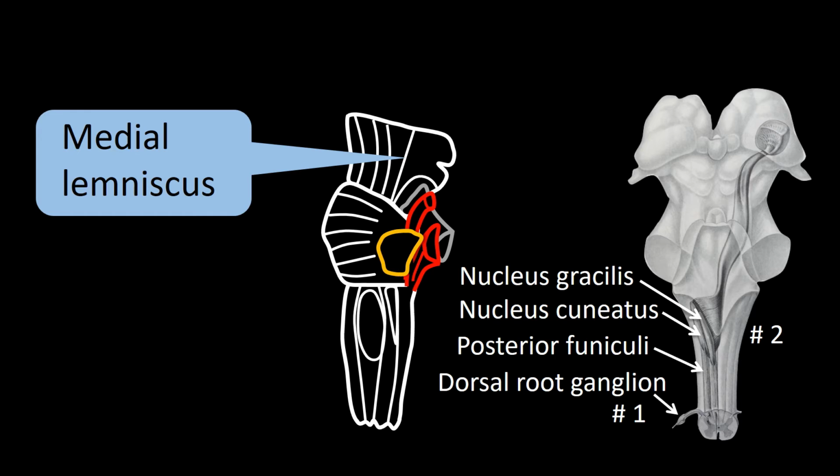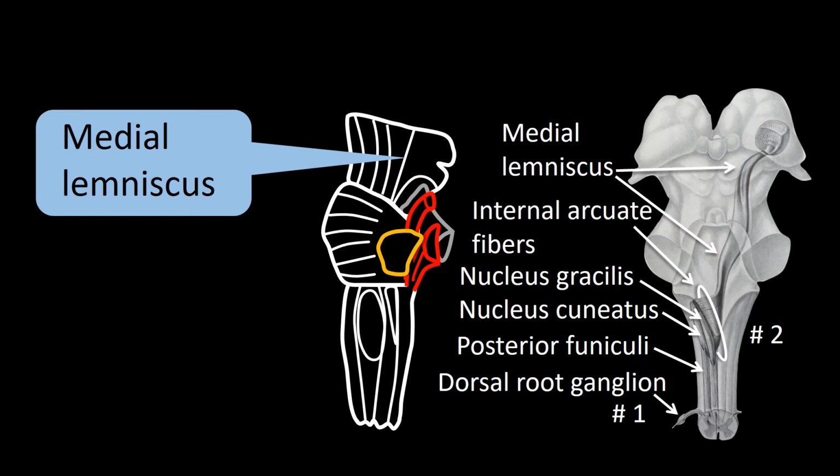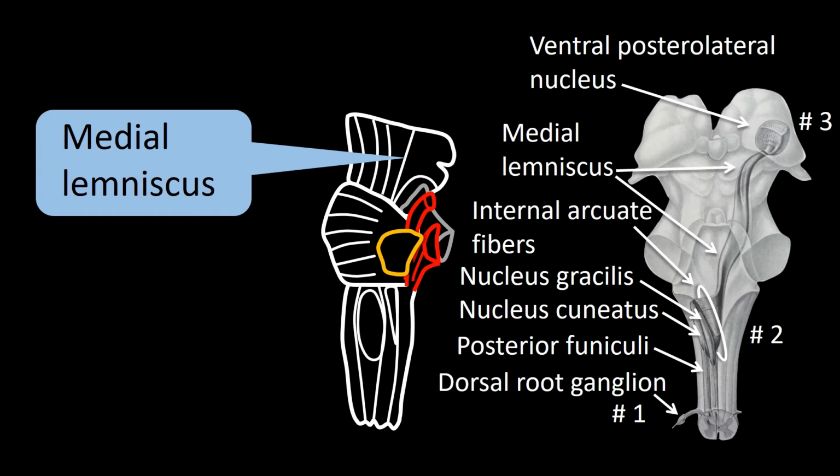The axons of these neurons form the internal arcuate fibers. These are the fibers that make up the medial lemniscus. These fibers terminate in the ventral posterolateral thalamic nucleus, where we find the third neuron that sends axons to the cortex.